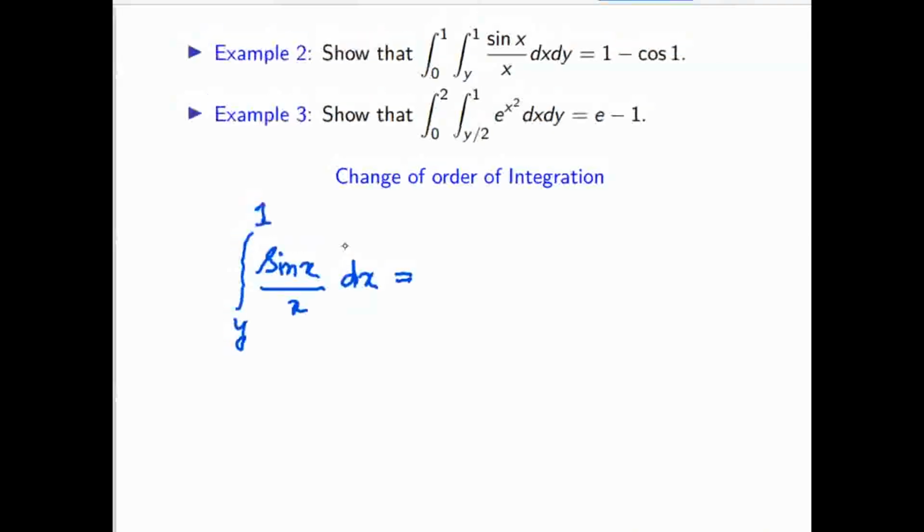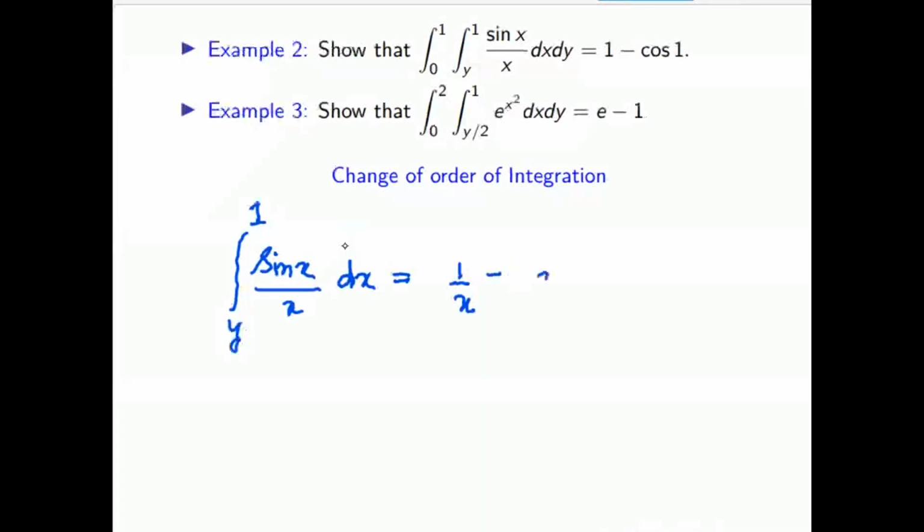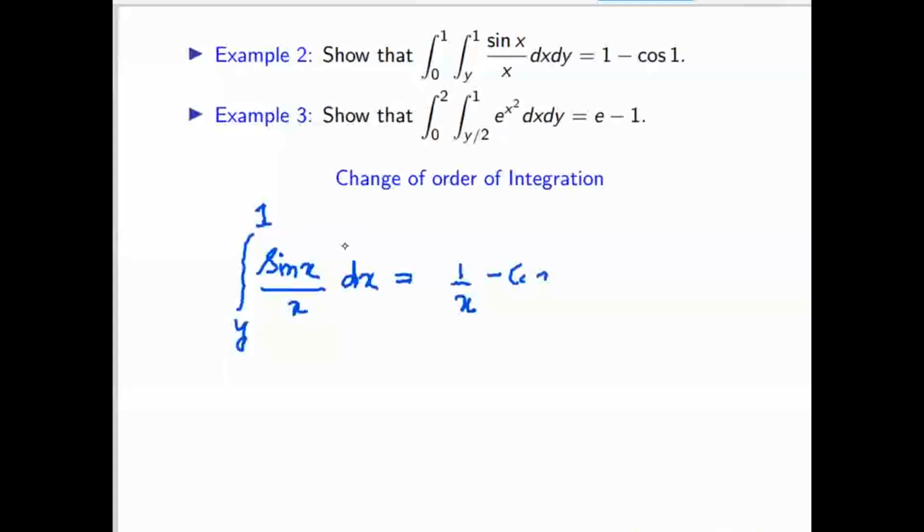First function 1 by x as it is, then integration of sin x will give minus cos x. Then we'll apply limit from y to 1. Then differentiation of 1 by x will give minus 1 upon x square, and then minus sin x will become plus.